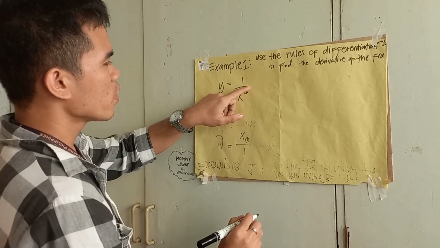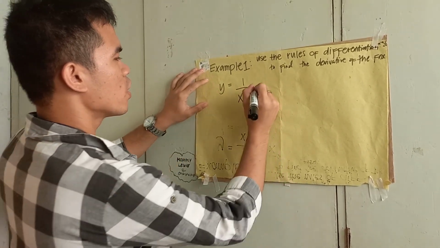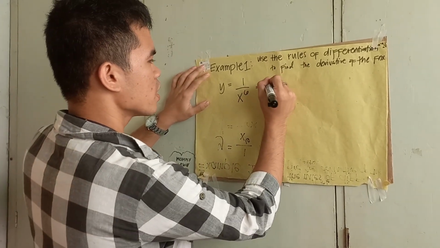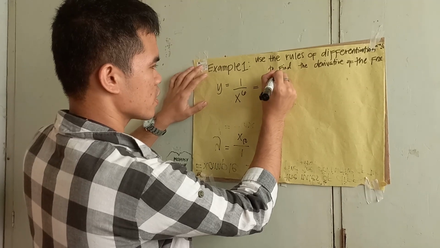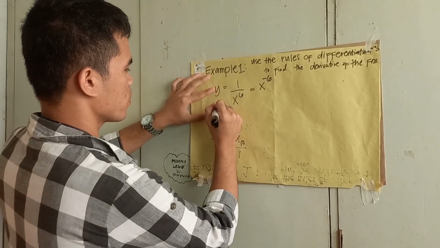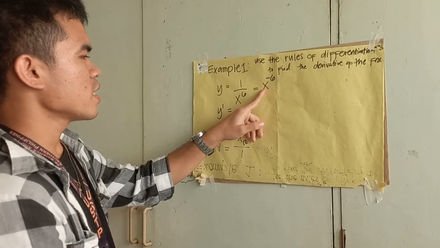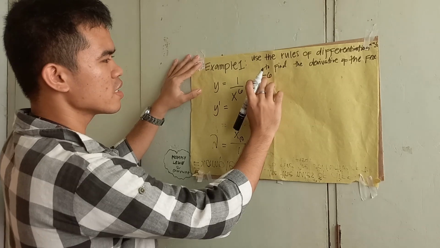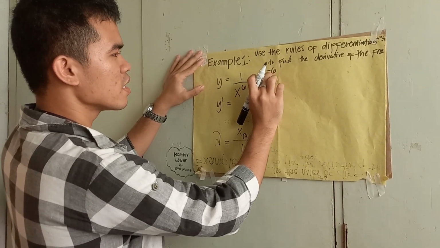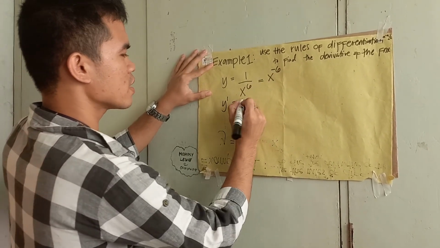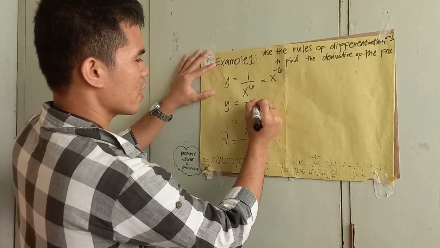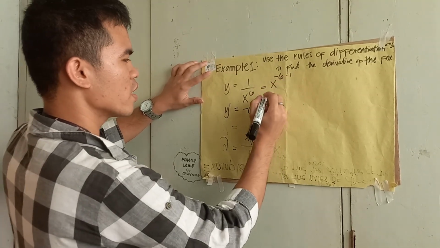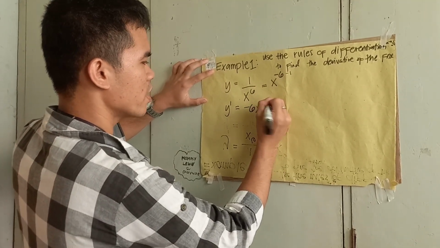Before differentiating this function, we need to move the denominator to the numerator, so it becomes x raised to the power of negative 6. y prime equals, since x has a coefficient of 1 and the exponent is negative 6, we multiply: negative 6 times x equals negative 6x, then negative 6 minus 1 equals negative 7.